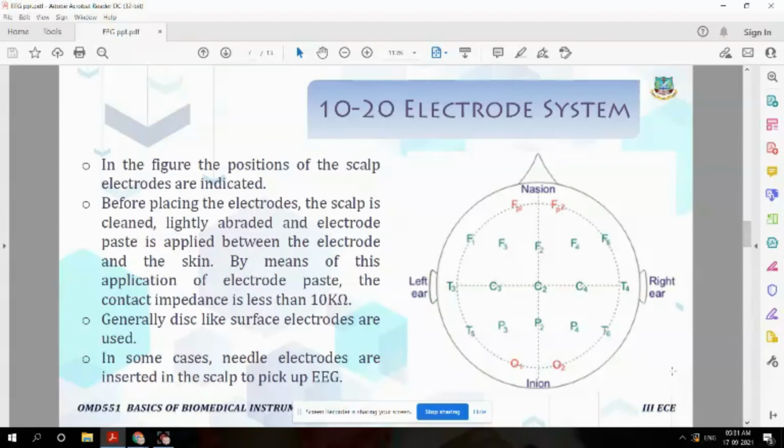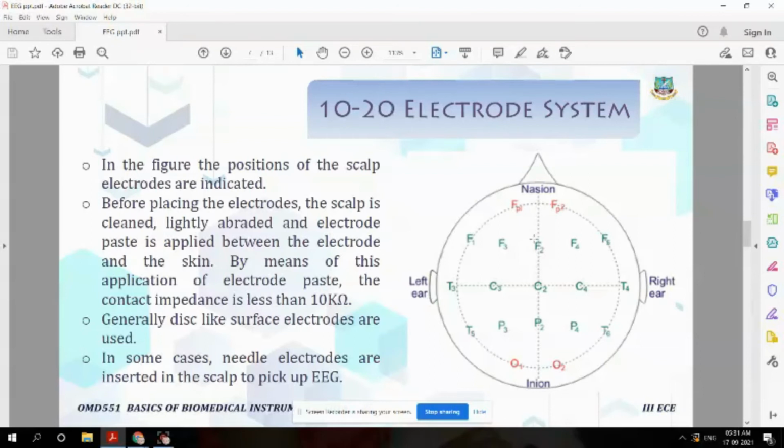So this is the figure. This is the vertical part, and this is the horizontal part. In the vertical part, Nasion to Inion, we fix 5 points.